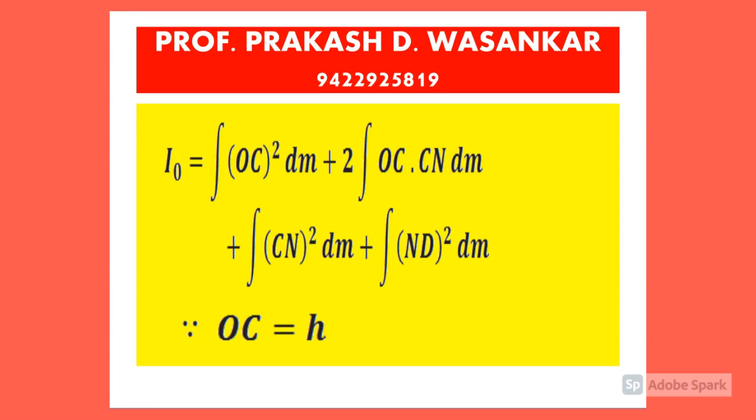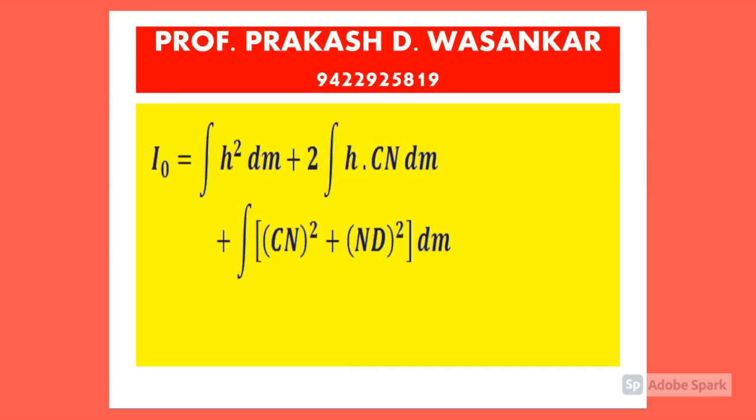Here we use the addition rule in integration. Therefore, IO is equal to integration OC square into dm plus 2 (constant) integration OC into CN into dm plus integration CN square into dm plus integration ND square into dm. From the figure, since OC is equal to small h, put OC equal to h.